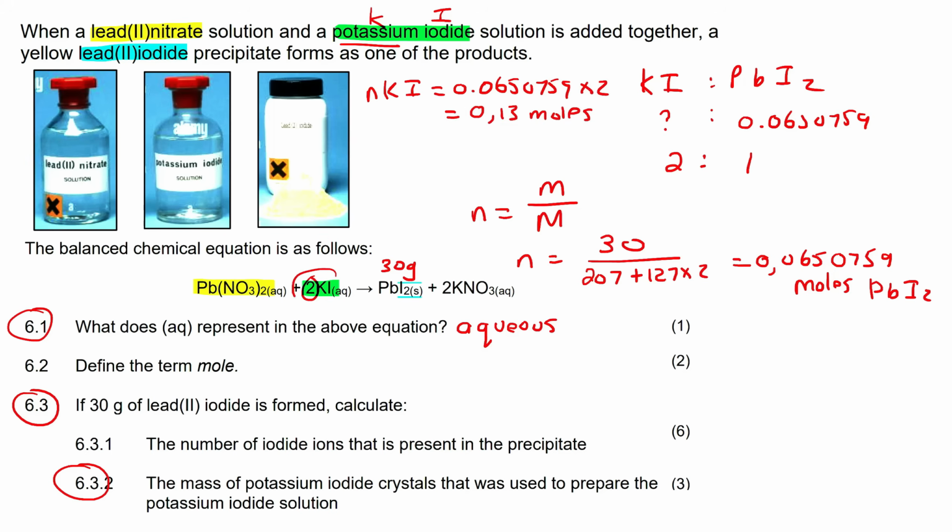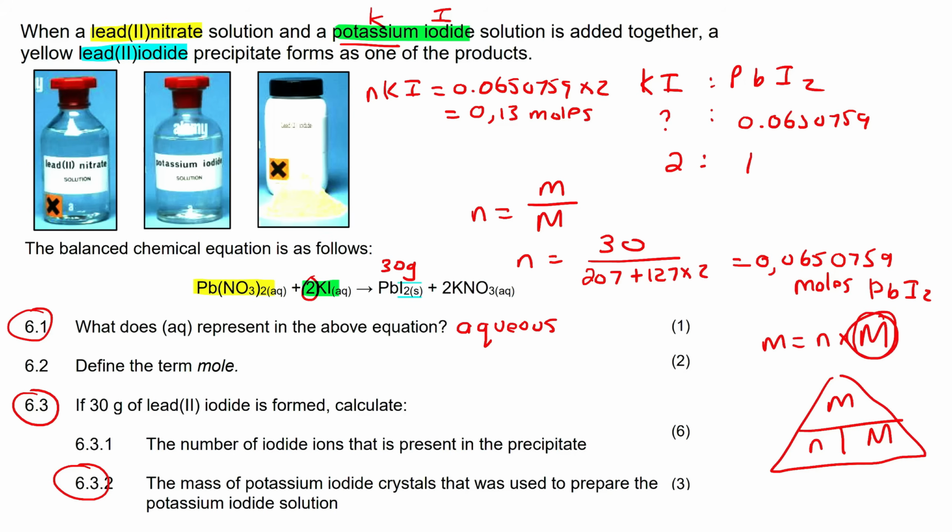So now we have the moles of this, and now we just need its mass. So we've got this formula. Now that formula comes from this triangle, where this is mass, this is molar mass on the periodic table, and this is moles. So if you want to get this one by itself, you have to end up multiplying. So we need to go and get the molar mass of potassium iodide on the periodic table.